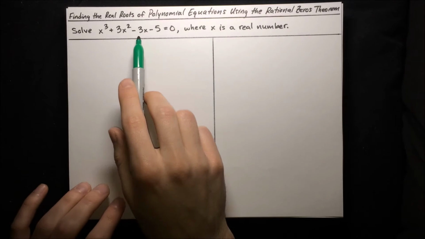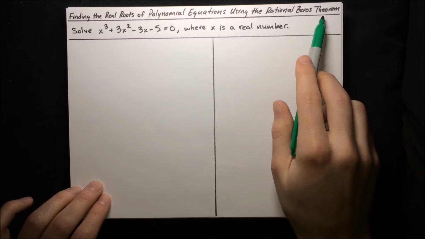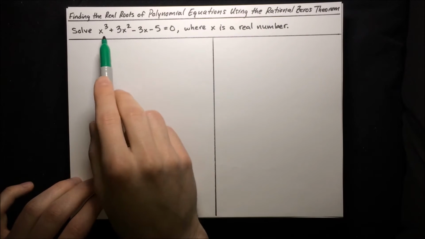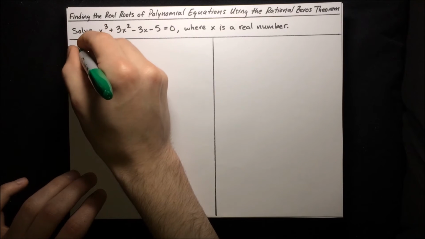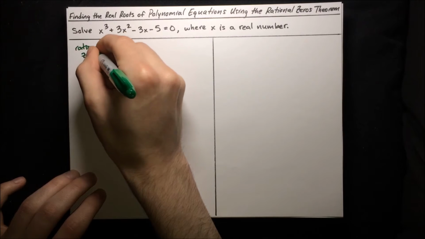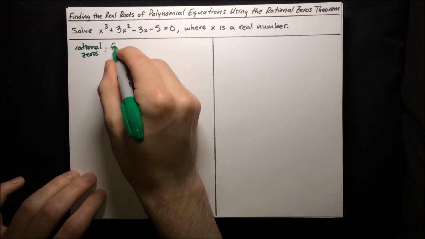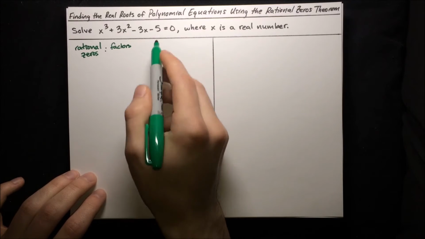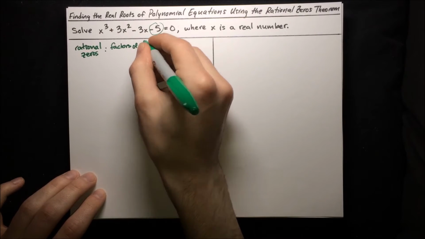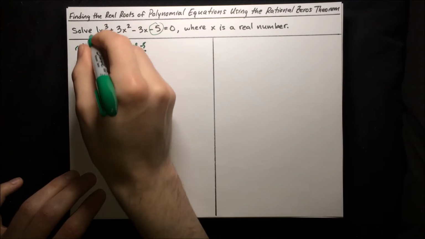Now, this is a difficult polynomial to factor, but thankfully we have this thing called the rational zeros theorem, which tells us about the potential rational zeros of this polynomial. So, rational zeros theorem, the possible rational zeros are factors of the constant, factors of -5, divided by factors of the leading coefficient, which here is just 1.